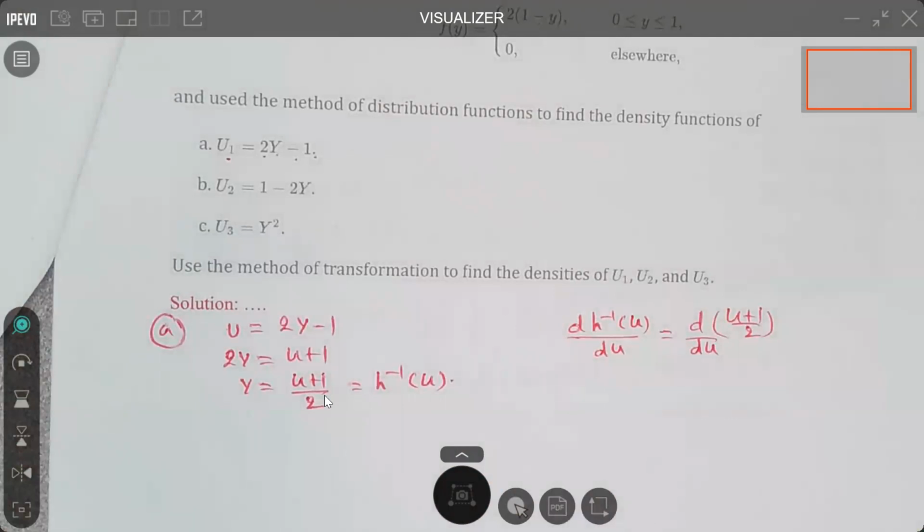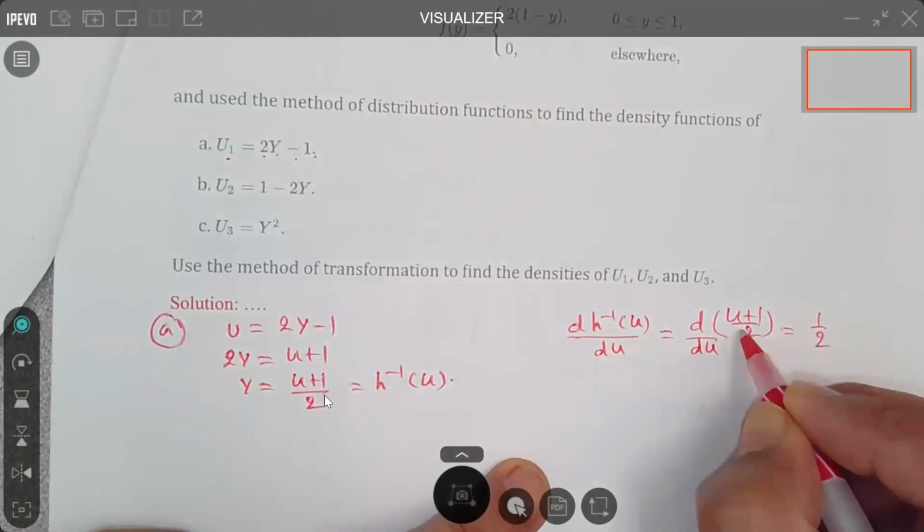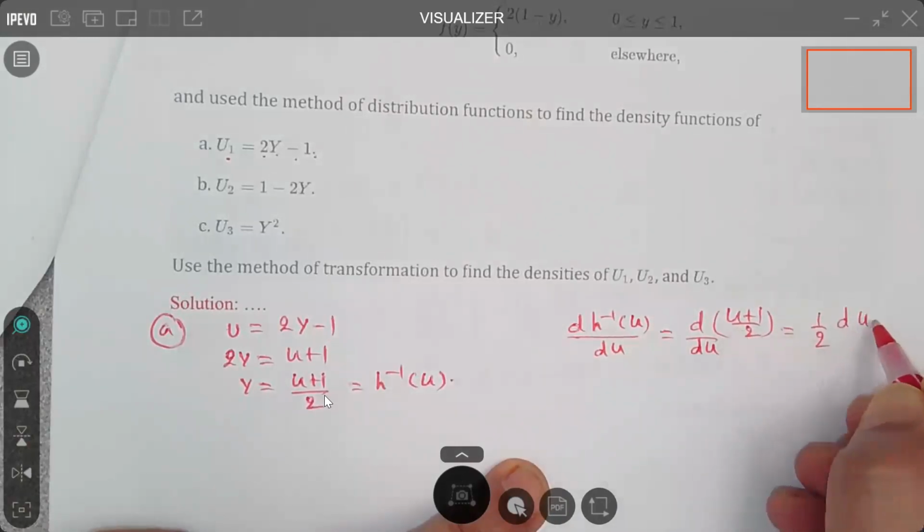You can write this as 1 over 2, because 1 over 2 is a constant, times d(u plus 1) by du.